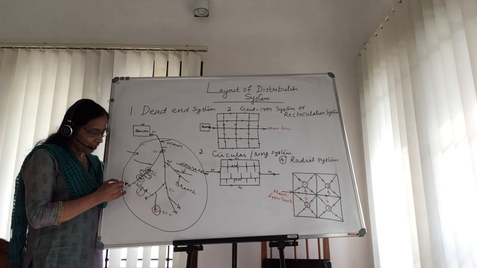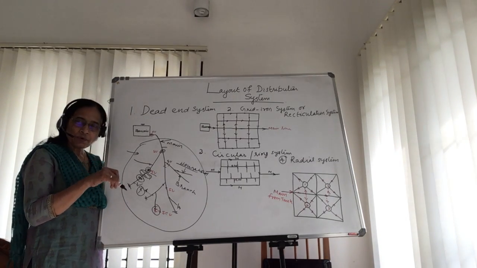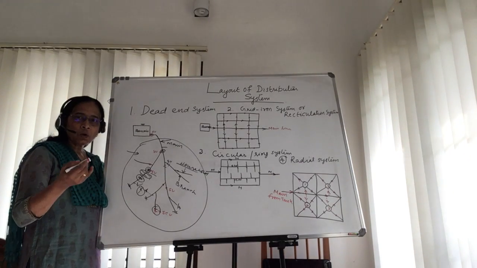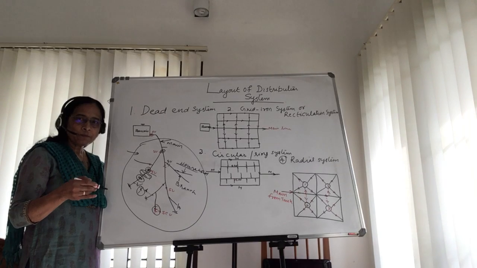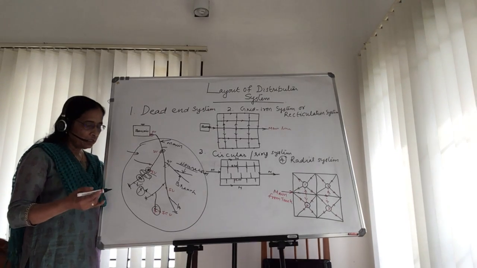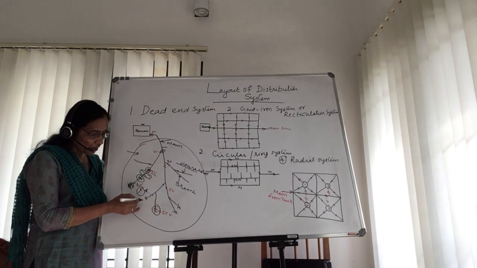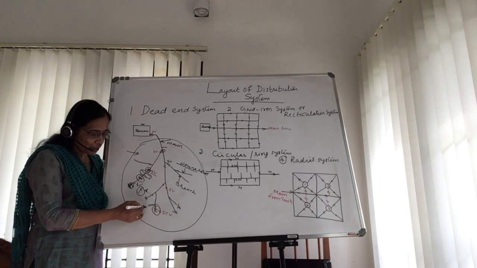That means at the farthest end of the network, there may be some contamination, and there is no further option to remove that contamination unless it is cut open, or you have to provide scour valves.